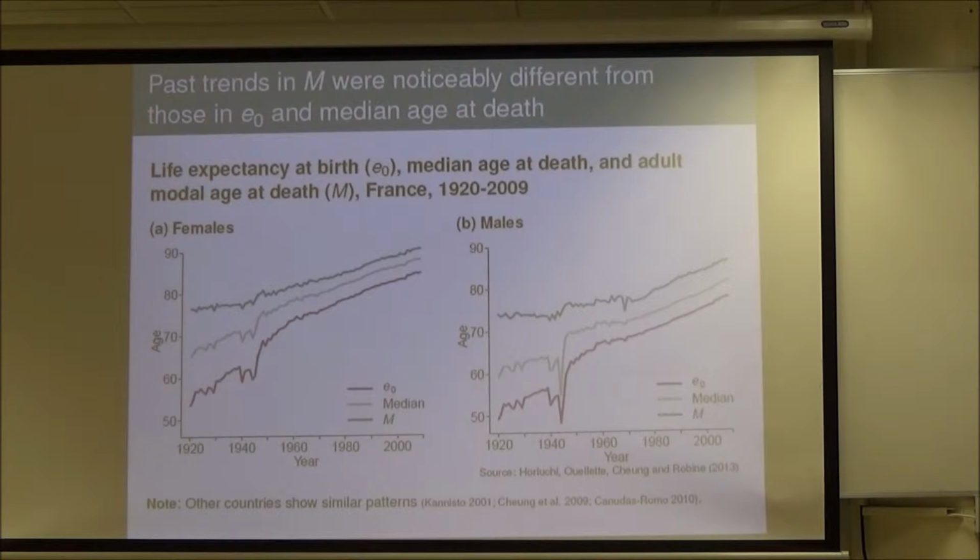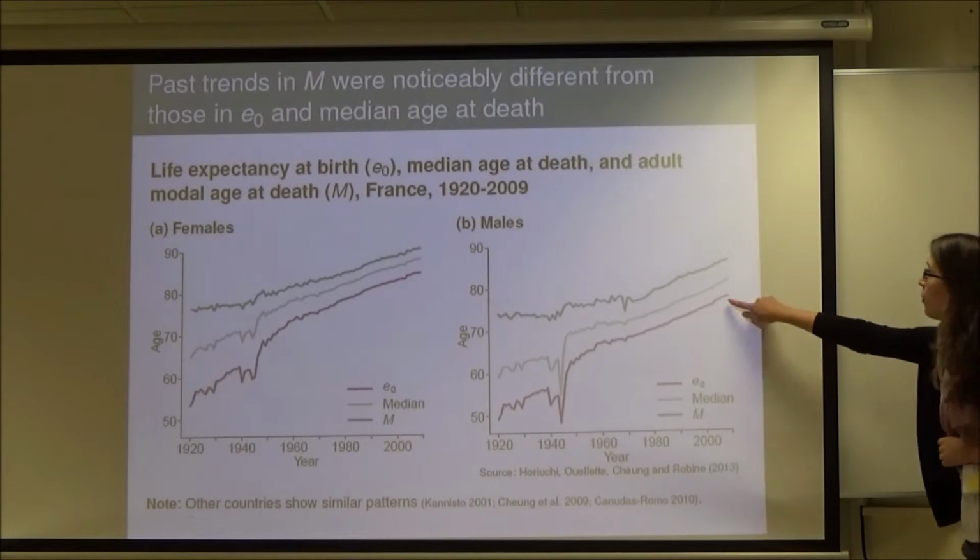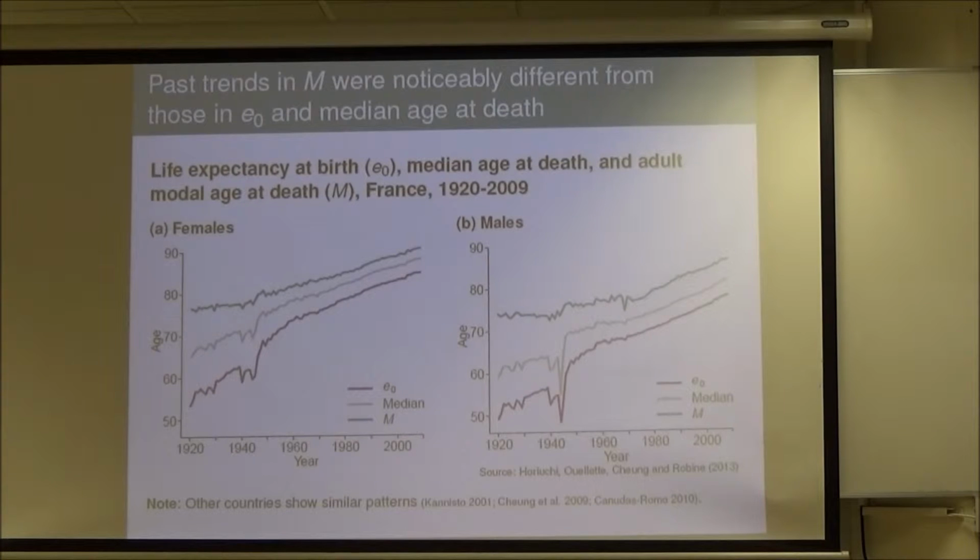In the first half of the 20th century, you can see that the life expectancy at birth in purple and the median age at death in gray were increasing quite strongly, but the trajectories of the modal age at death were either flat for males or increasing, but only slightly for females.